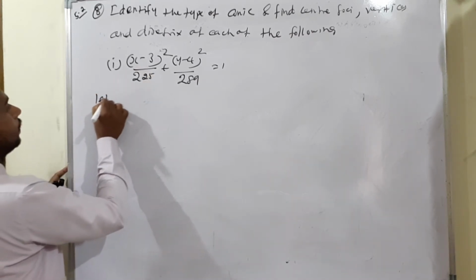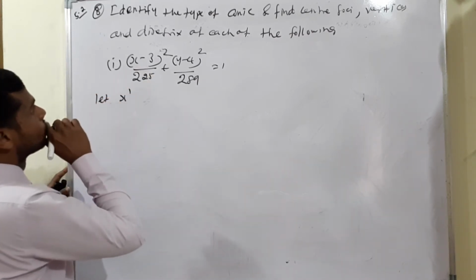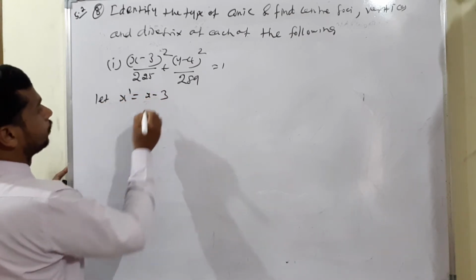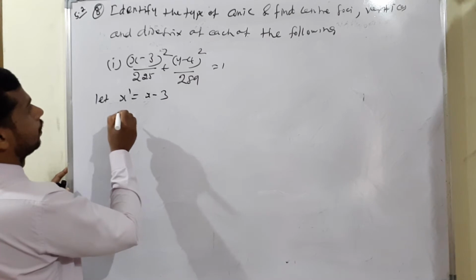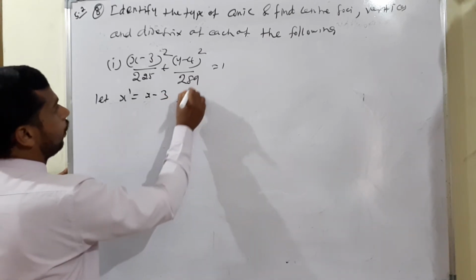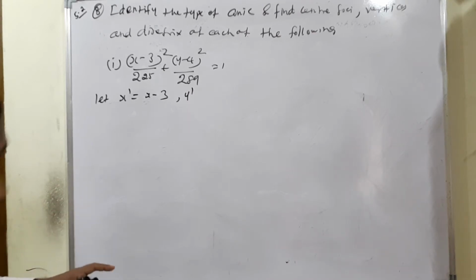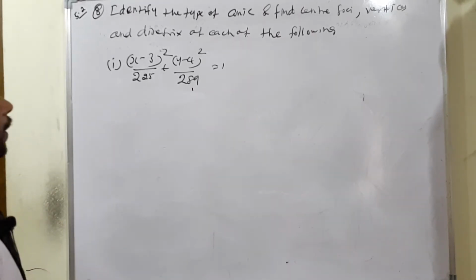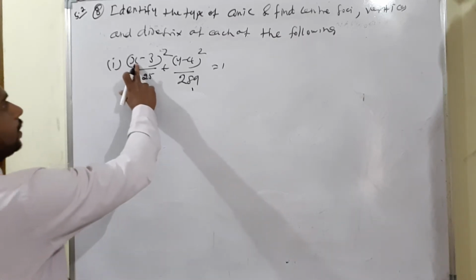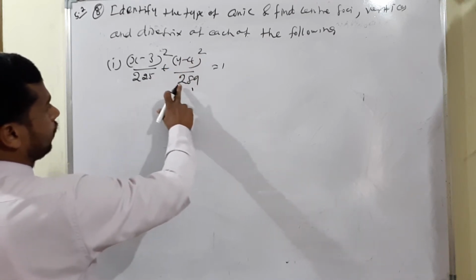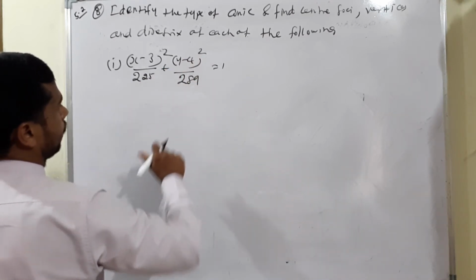Let x dash be x minus 3. Now, moving to the part, so the greater value, isn't it? Look there, x minus 3 is there, then y minus 4 is there, divided by 225 and divided by 289.